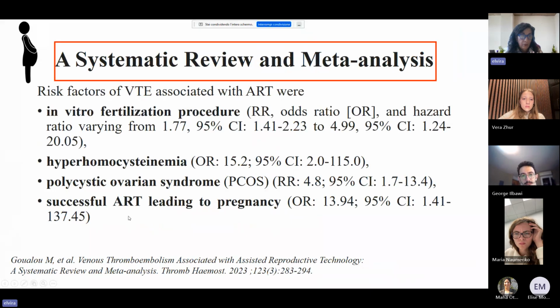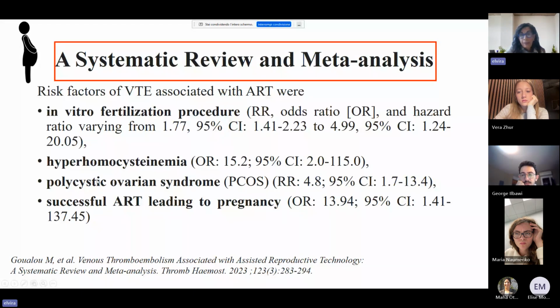And again, we should pay attention not only to the period of stimulation, but also to pregnancy when the ART cycle is successful, for the reason I am showing you.